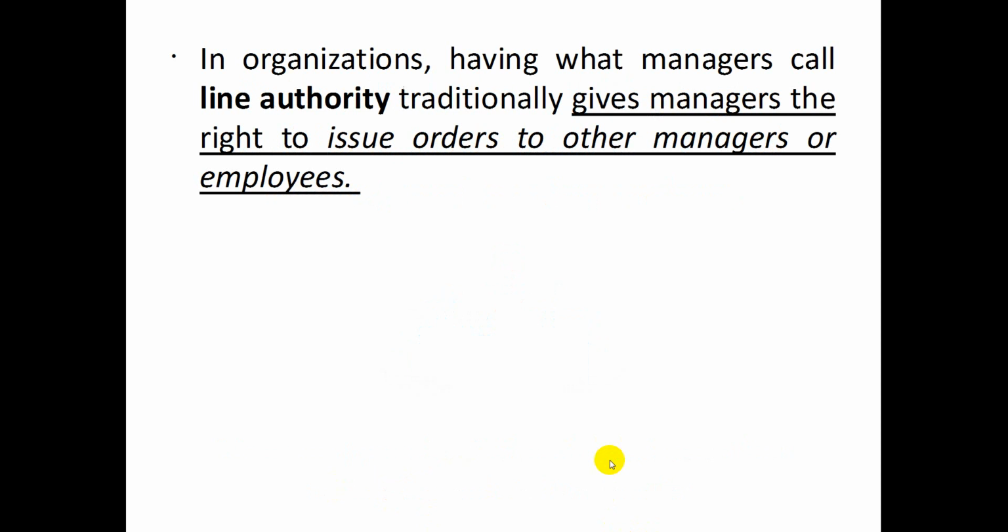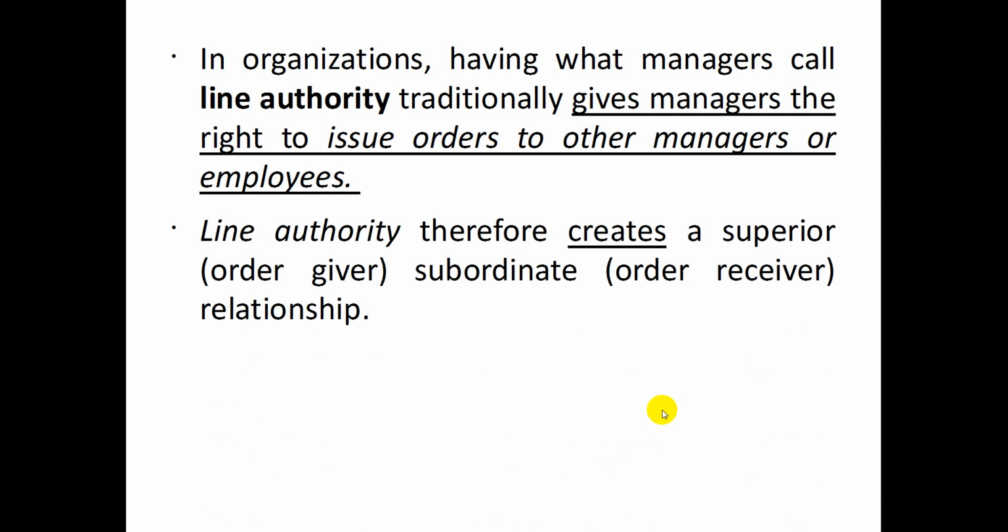In organizations, having what managers call line authority traditionally gives managers the right to issue orders to other managers or employees. Line authority therefore creates a superior order giver, subordinate or receiver relationship.